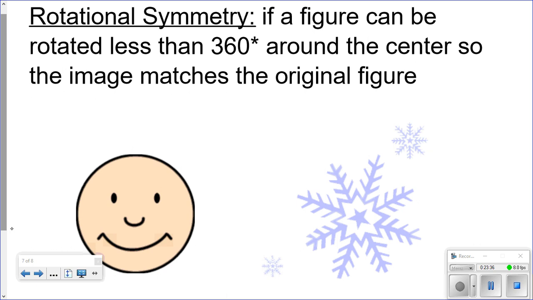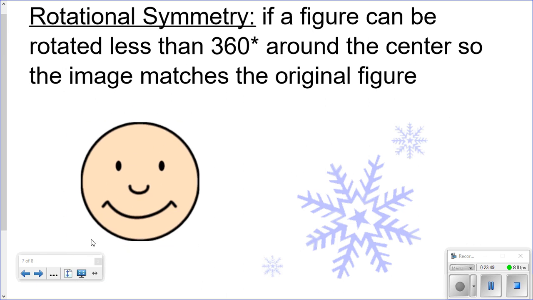So I have 2 things up here. The smiley face doesn't have rotational symmetry.